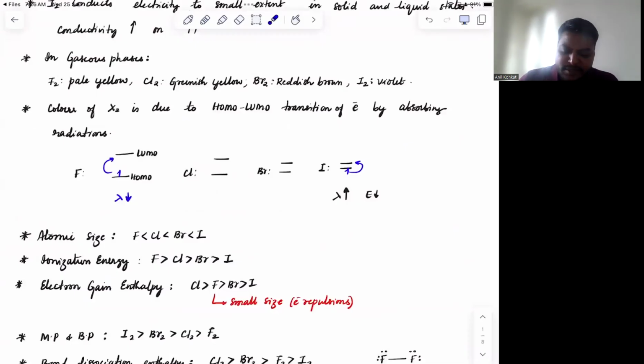In gaseous phase, F2 is pale yellow, Cl2 is greenish yellow, bromine is reddish brown, and iodine will become violet color. Okay. In gaseous state. Now, if you notice, the color of X2 is due to the HOMO-LUMO transition of electrons by absorbing radiation.